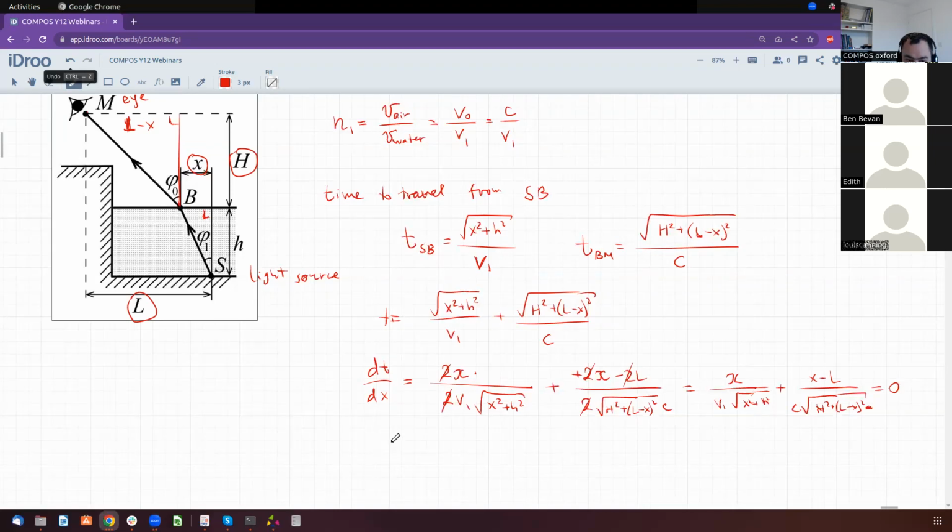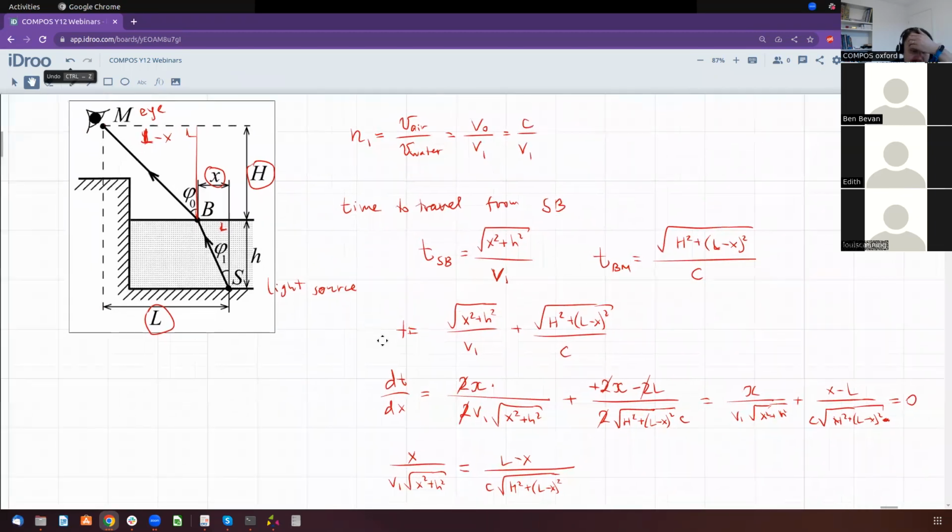In other words, x over v1 square root x squared plus h squared has to equal L minus x. So I'm changing L and x around, L minus x over c square root of h squared plus L minus x squared.